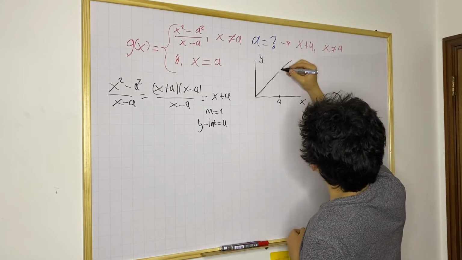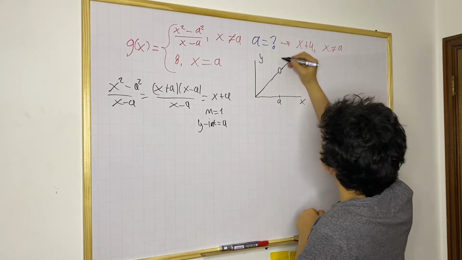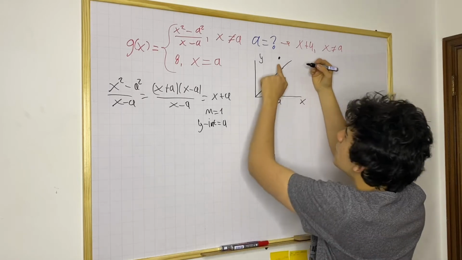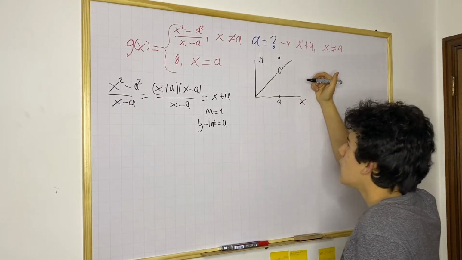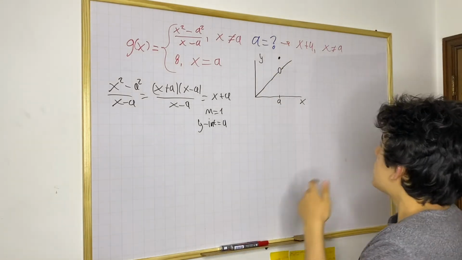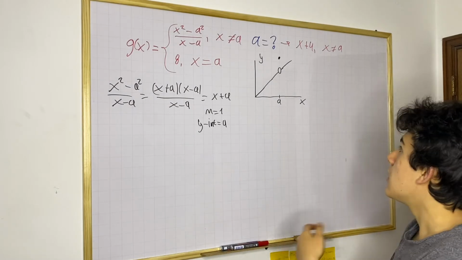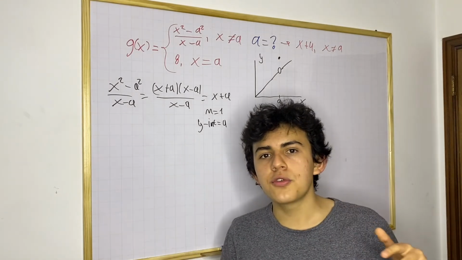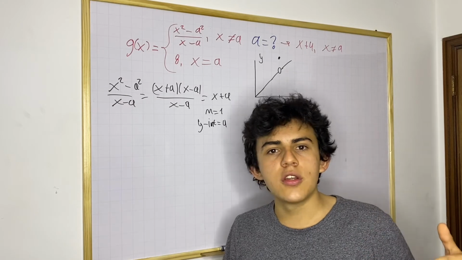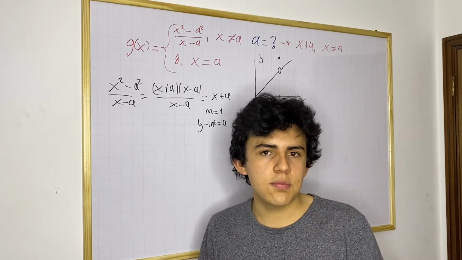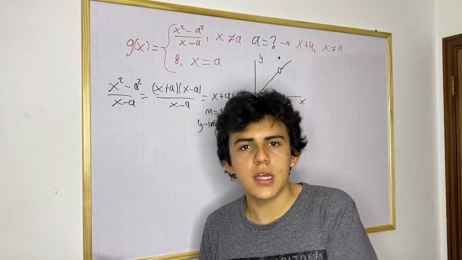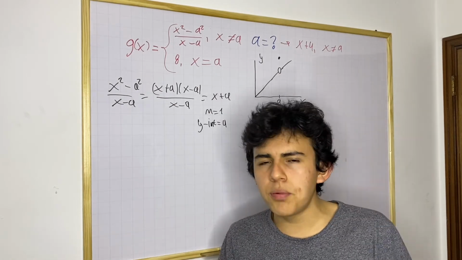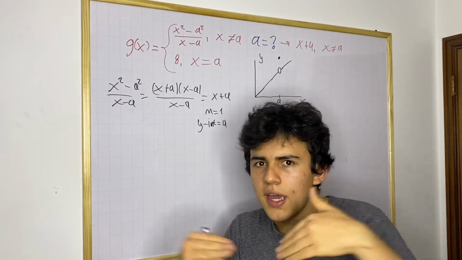So in this case, we would have a hole, and the function would be, let's say, defined up here, okay? This would be 8, or f of a. So what we can do here, well, if you think about it, when we're trying to make a function continuous with a specific constant value for a, we're just simply trying to put the pieces together.